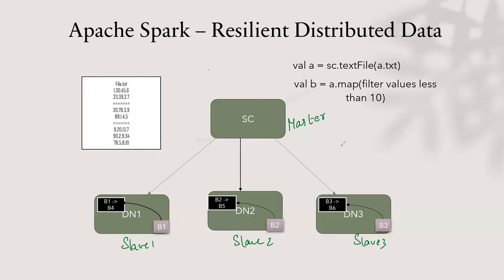Depending upon the file system from where Spark is going to read, the replication factors differ, right? Now, as I have mentioned earlier, we are going to talk about Spark plus Hadoop. So I'm going to read it from HDFS. So I have a file, right? Just imagine this file has some huge bunch of numbers.